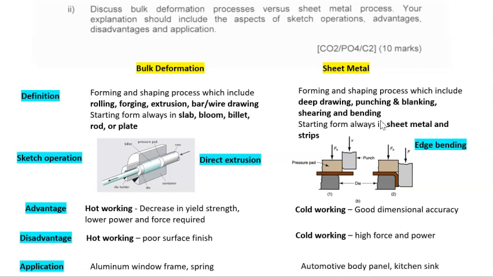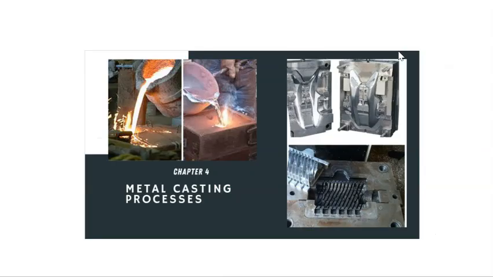It can be from punching, such as an automotive body panel, or a kitchen sink from deep drawing. As long as the example is from sheet metal, you can get the point. So 5 here and 5 here: 1, 2, 3, 4, 5, and 1, 2, 3, 4, 5. So a total of 10.